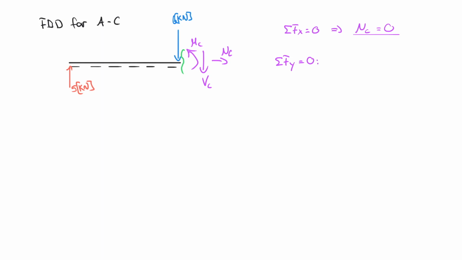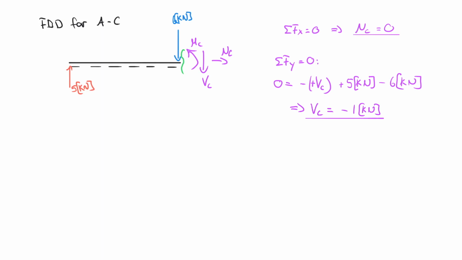So 0 is equal to minus positive V at C plus 5 kilonewton, that's a support reaction, minus 6 kilonewton. And now I know that my V at C is equal to minus 1 kilonewton. And that is something I will use later on as well.